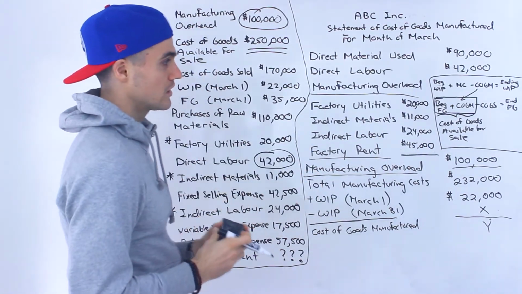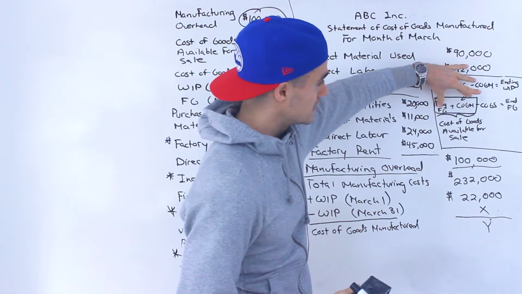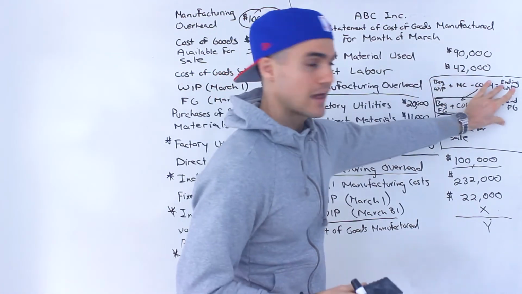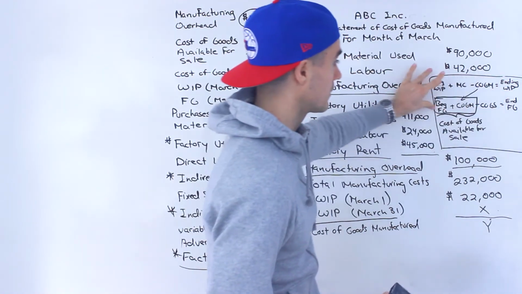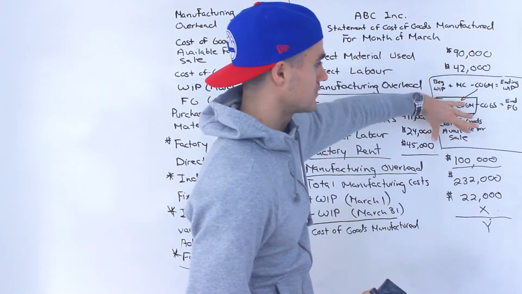So it's a little bit tricky. We have to use this sort of sub portion of this line here to solve for that cost of goods manufactured. We don't use this whole line here. We use this portion, right?